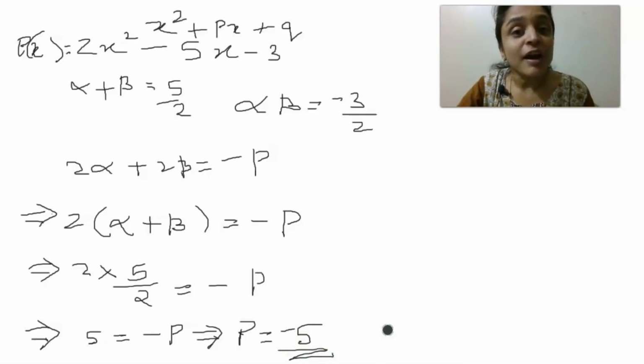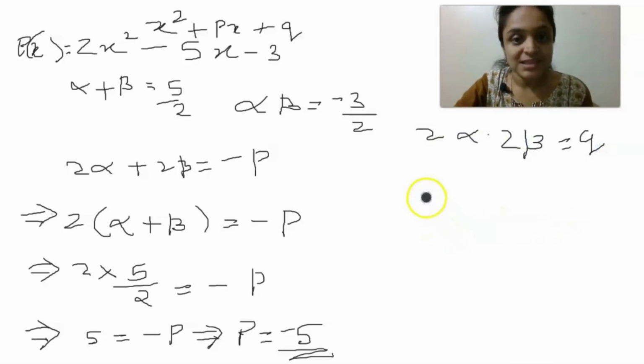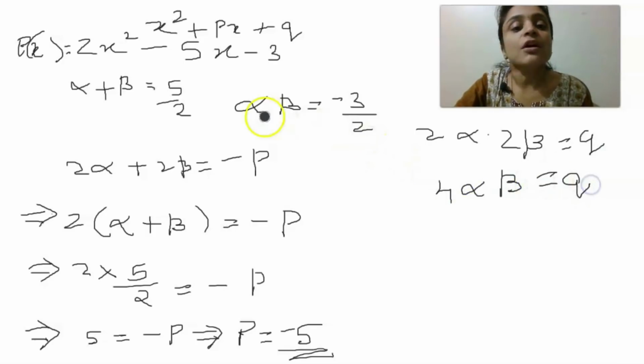Now we have to find the value of q. We have alpha beta equal to minus 3 by 2 and 2 alpha into 2 beta equal to q by 1. That is 2 alpha into 2 beta equal to q, which means 4 into alpha beta equal to q. But we got alpha beta as minus 3 by 2.